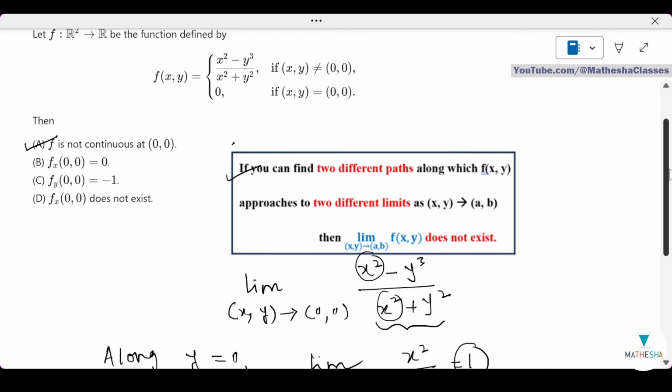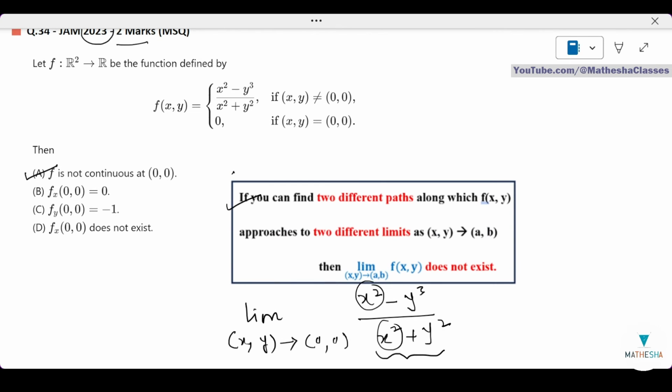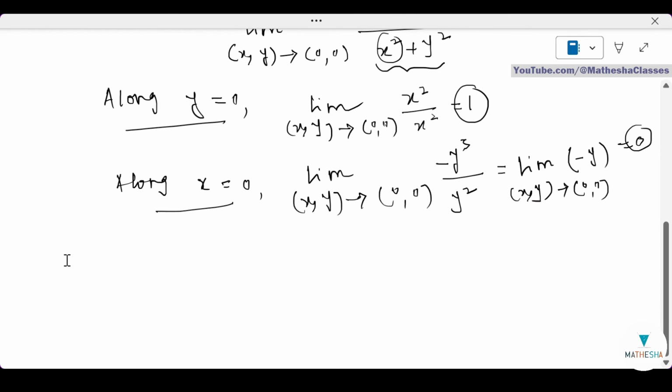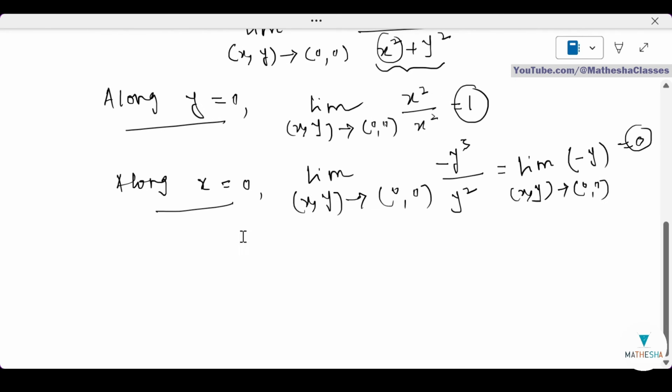Next we have to calculate the partial derivative to answer the rest of the questions. So once again let us recall the formula for partial derivatives. Let us write it here.